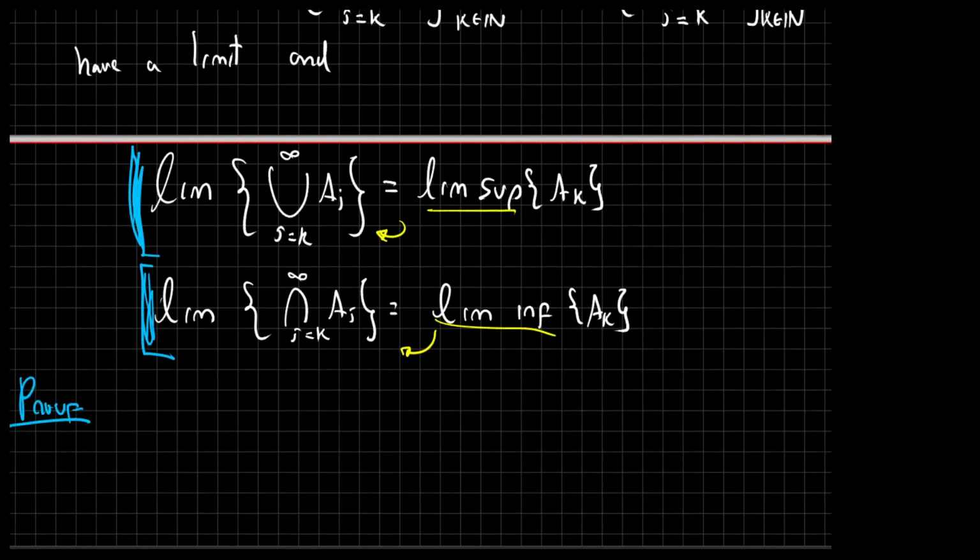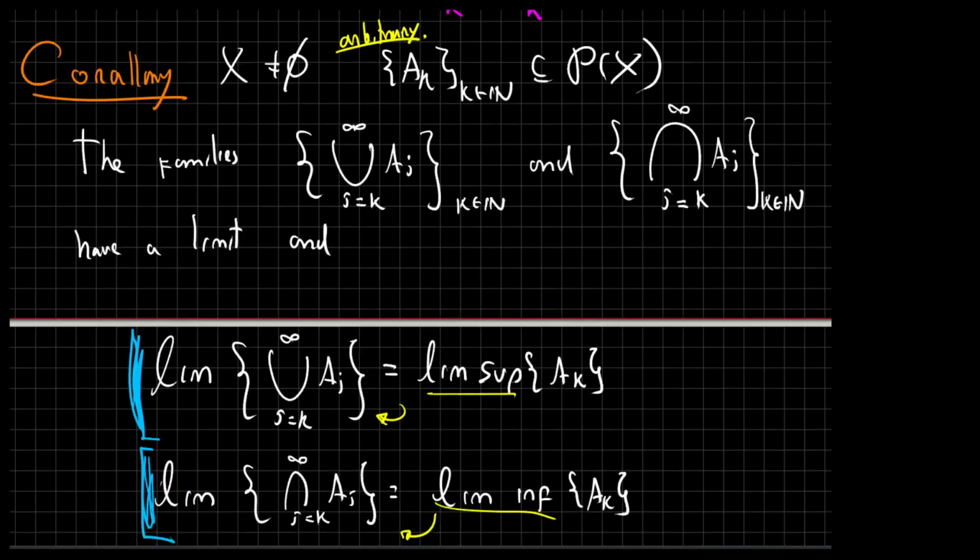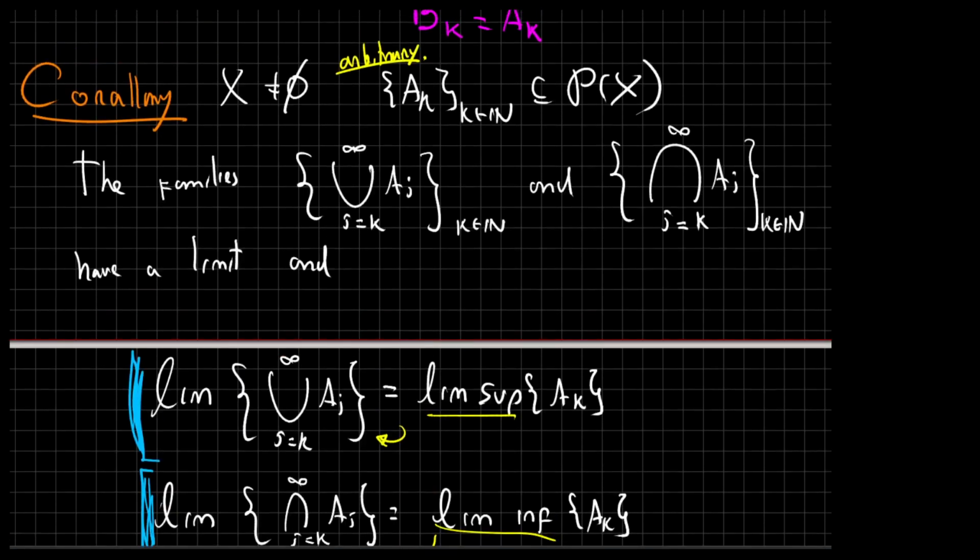Why do these limits exist? Well, first, it is easy to realize that for this family, if you have the unions that are successive, let's call these elements V1 as always, BK.